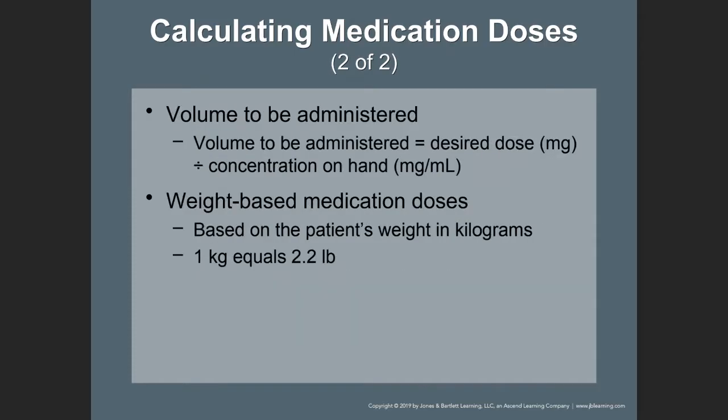Important concepts. Volume to be administered is equal to the desired dose of a medication divided by the concentration on hand. So the volume to be administered has to do with the volume of the medication that you're about to administer.